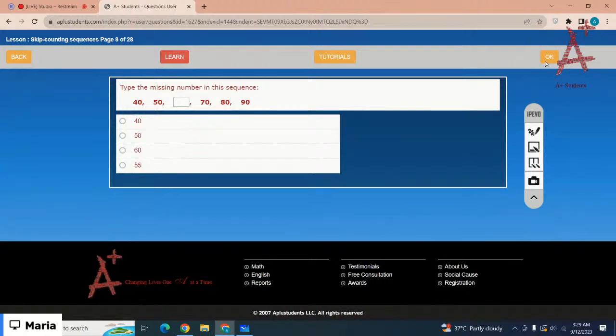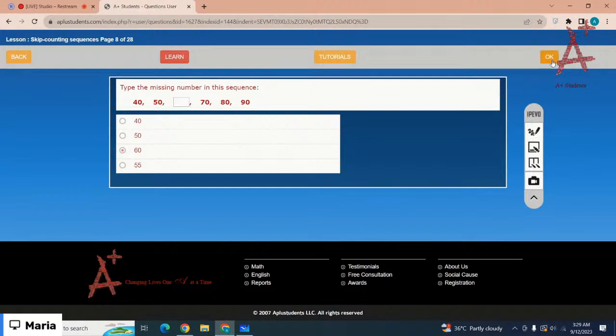Type the missing number in the sequence. So which is the correct option? Yes, the correct option is 60.